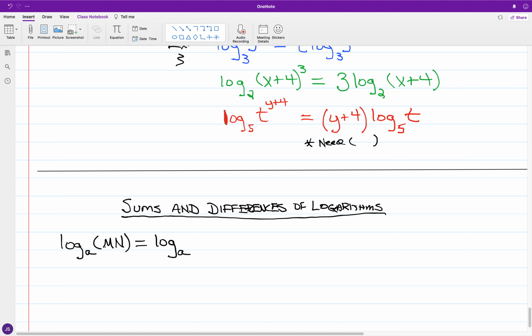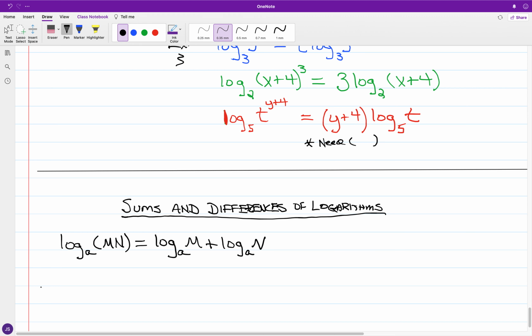So I can split up this expression as two separate base A logarithmic terms. We're going to have the base A logarithm of m plus the base A logarithm of n. So multiplication in the attachment implies addition of separate logarithmic terms in the same base.